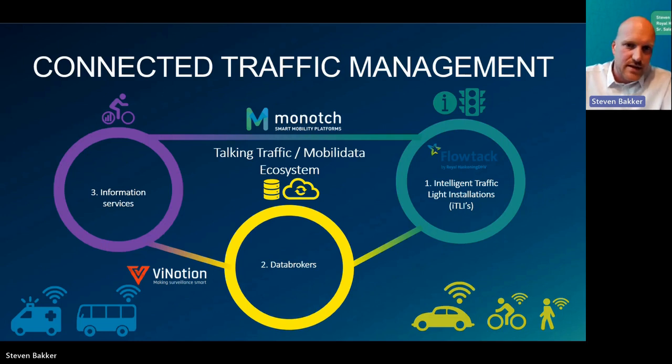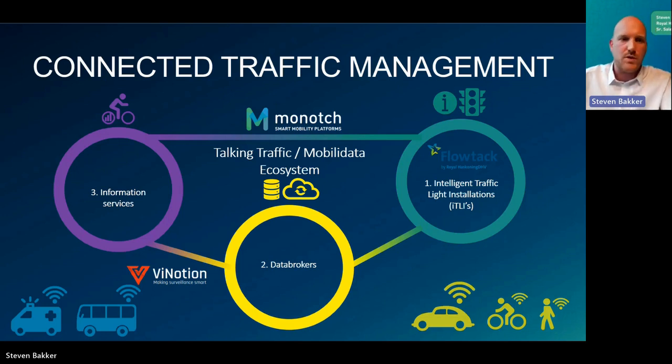What you see here is the sort of ecosystem that we've created within the Netherlands and also in the Flanders region in Belgium with the Talking Traffic program and the Mobility Data program, which are quite similar. We've created a data ecosystem where we all benefit from data that we share with each other in a closed and privacy-secured system, which is handled by the TLEX of Monarch.